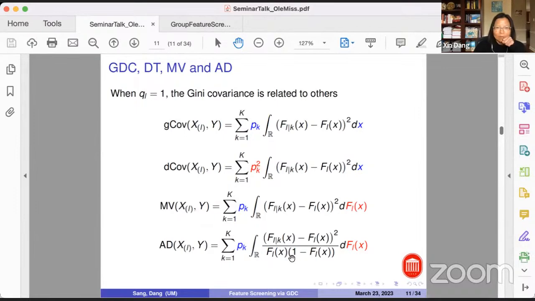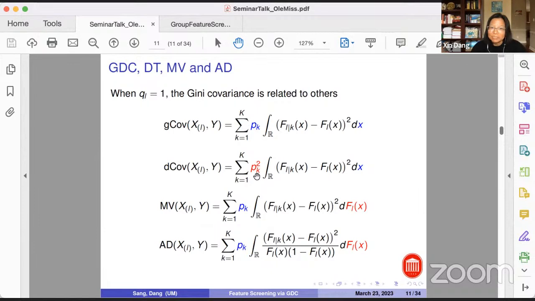You will see the p_k squared for the distance here gives a problem if your Y label is very unbalanced. The p_k squared will dramatically reduce the influence of the small class.